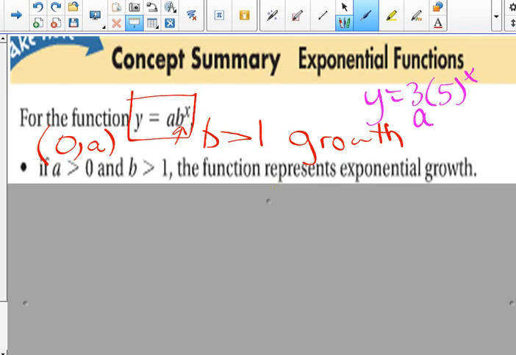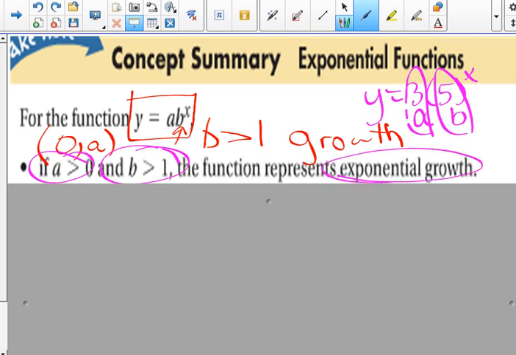So what's my b? 5. It says if a is greater than 0, is my a greater than 0 here? Yes, because it's 3. And now let's check. Is b greater than 1? Then I've got exponential growth. Done. Okay? Easy, right?